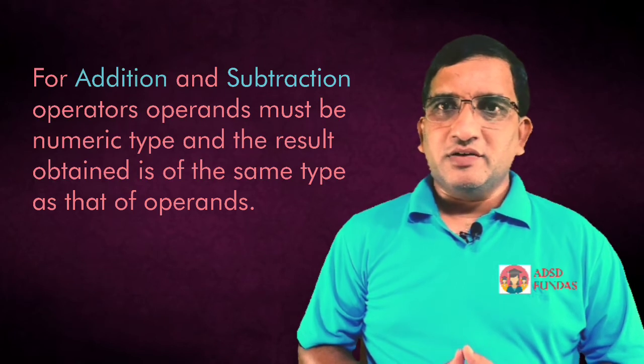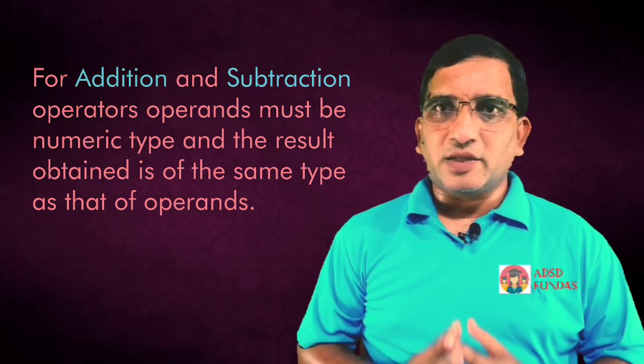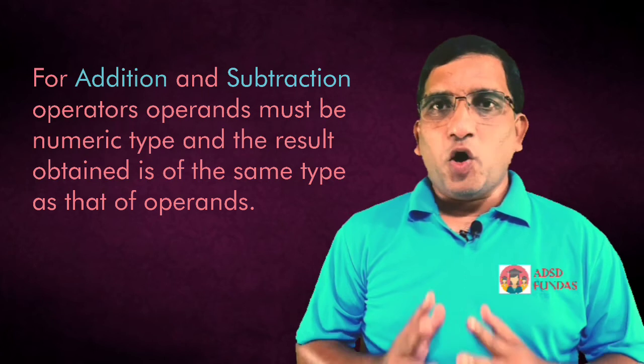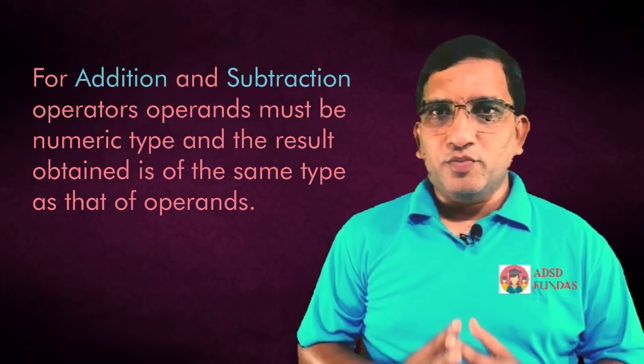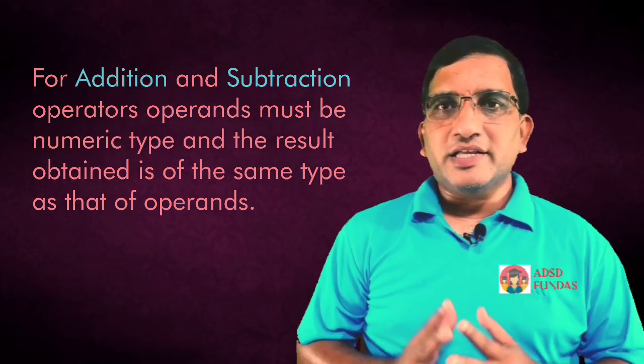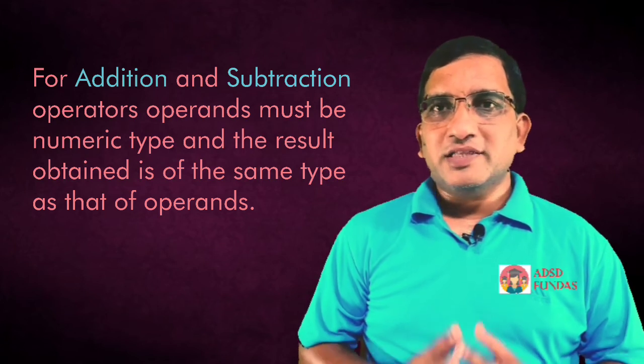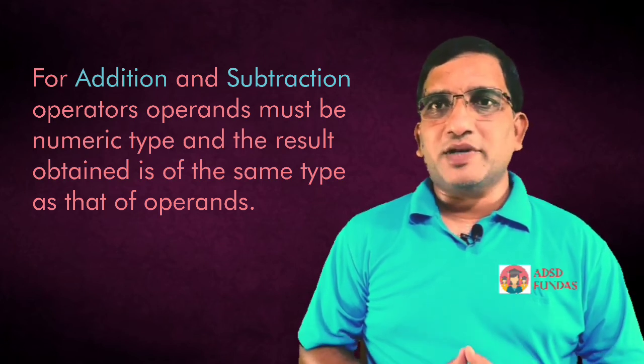So now these operators, the addition operators and the subtraction operators, the operands must be of numeric type, and the result that it will produce will be of the same type as that of the operands.